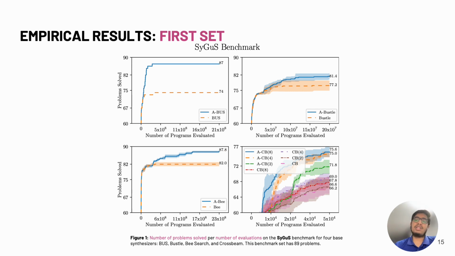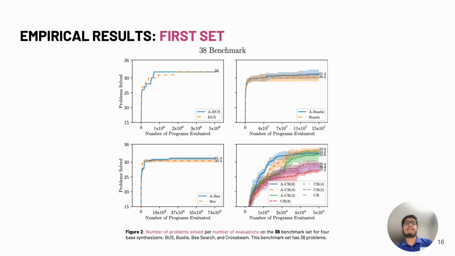So in the first set of experiments, we compared the base synthesizers with their augmented counterparts. We compared the algorithms in terms of the number of problems solved by the number of programs evaluated. Our auxiliary-based augmentation increased the number of problems solved by all the base synthesizers evaluated on SyGuS benchmark, often by a large margin.